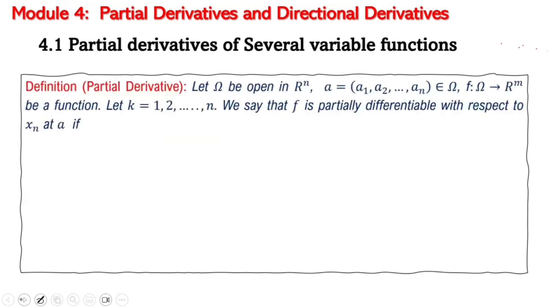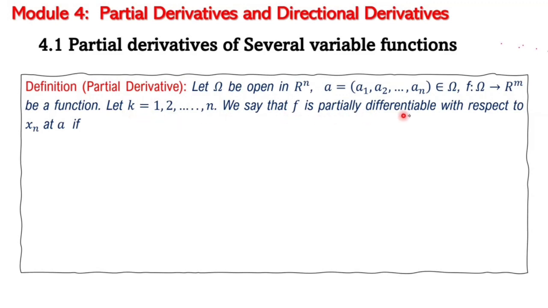So let's define the partial derivative. Let omega be an open set in R^n, and a = (a1, a2, ..., an) is in omega, and then we have a function f from omega to R^m. Then we have k equal 1 to n.